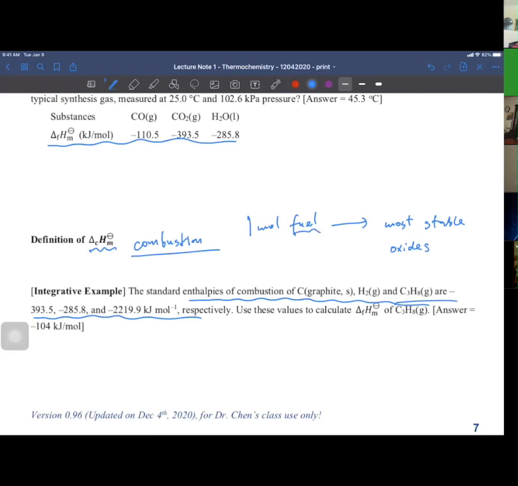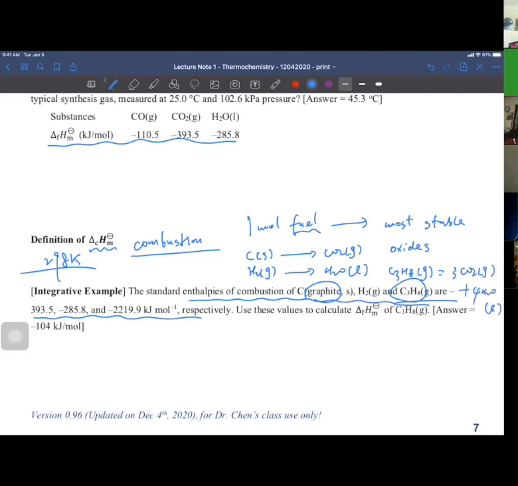So for example, if it's graphite, solid graphite turns into CO2 gas. If it's hydrogen gas, it will be liquid water, if we suppose it's also 25 degrees Celsius. If it's C3H8, it will change into 3 moles of carbon dioxide plus 4 moles of liquid water, right?